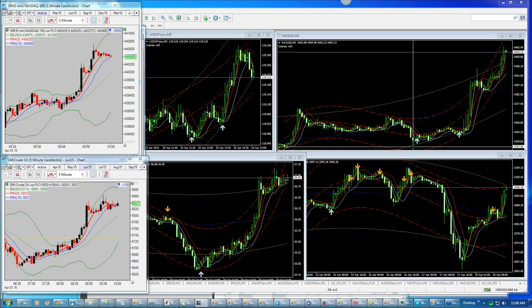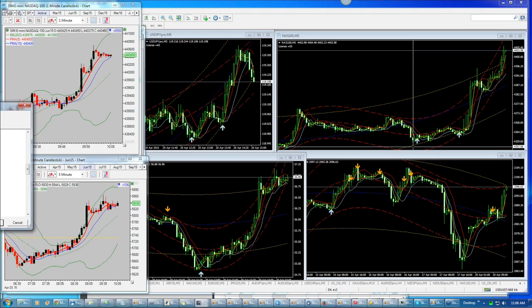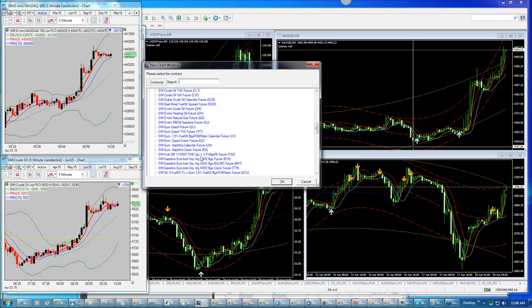Brent to, oh my God, they have everything. Look at some of these futures. Fuel differentials in euro, the crack futures, gas oil crack futures.